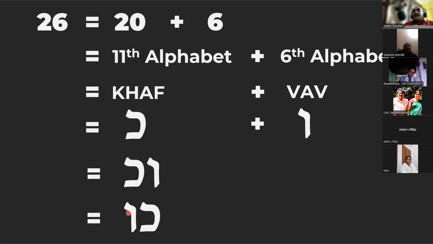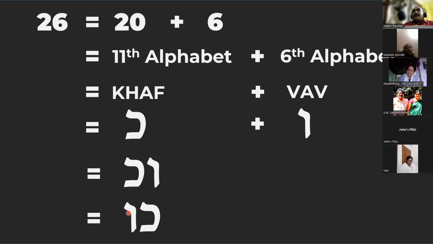If I want to write 21, then Kaf and Aleph. Yes. If I want to write 400, Tau. If I want to write 421, Tau, Kaf and Aleph. Yes, Tau, Kaf and Aleph.